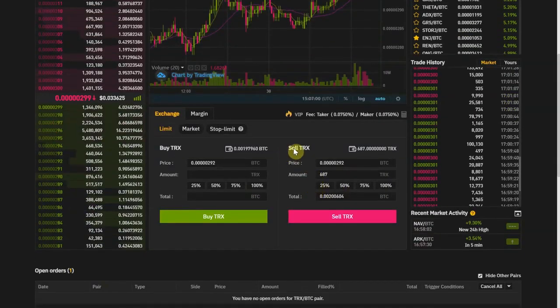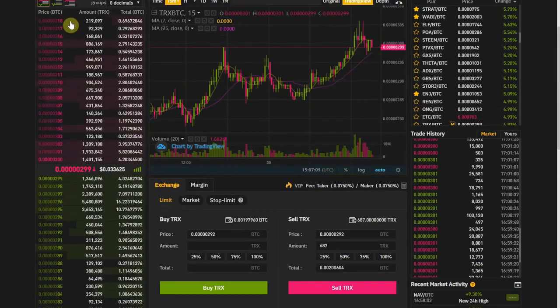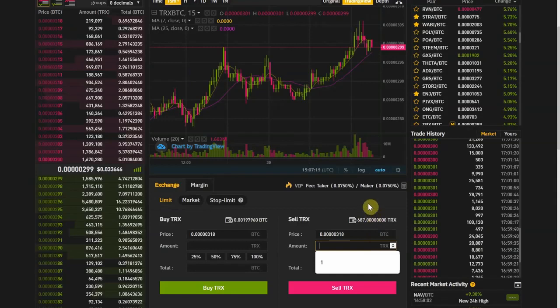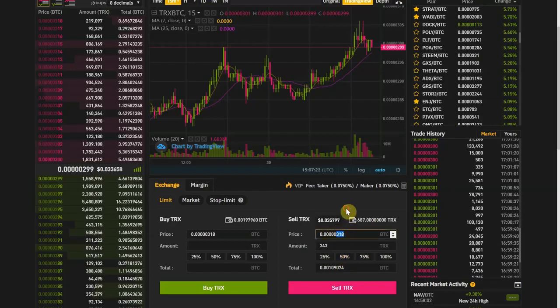Again, if you wanted to sell, it's the same exact thing. I want to sell at this price. And how much do I want to sell? I have this amount of TRX, and let's say I want to sell this amount of TRX at 318.